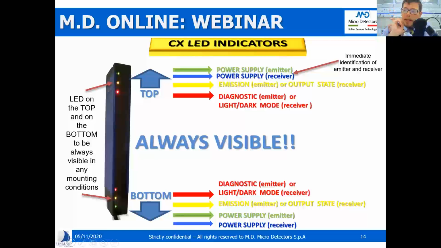The second one is the yellow LED, and it shows the emission for the emitter and the output state for the receiver. And there is the third one, the red LED, the diagnostic LED, which shows that some problem or issue is present.